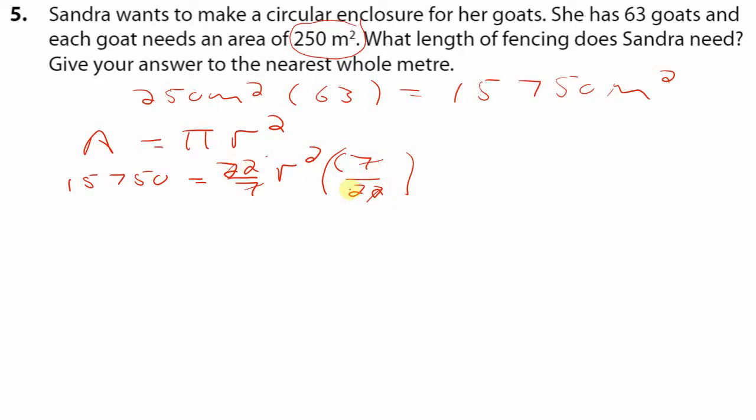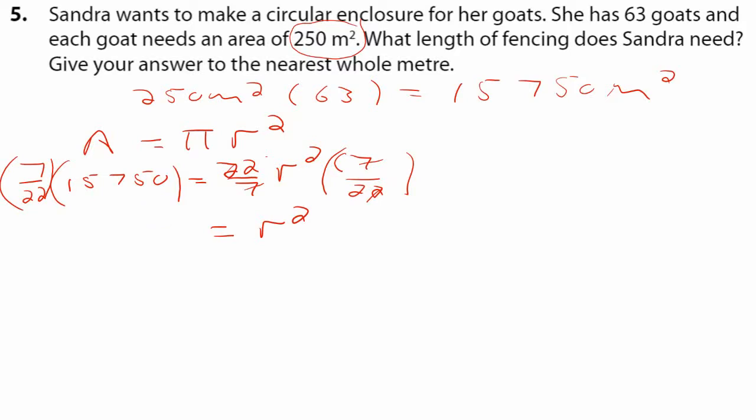What I do to the right, I have to do to the left. So the left, I will have to also multiply by 7 over 22. So now we simply have radius square on the right, what we wanted all along.